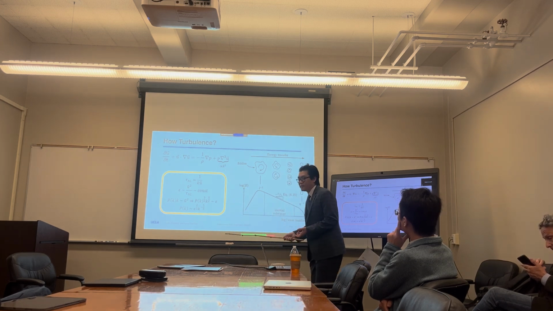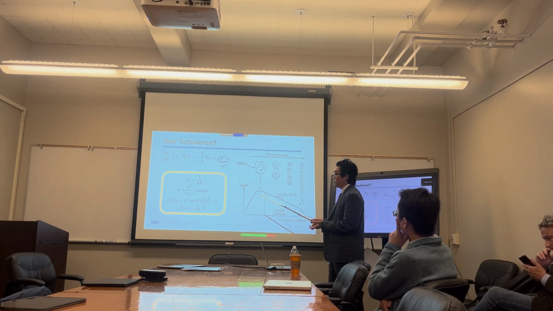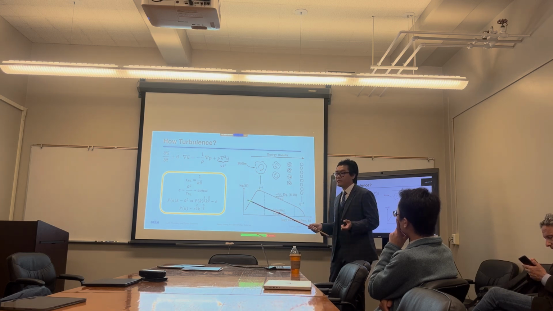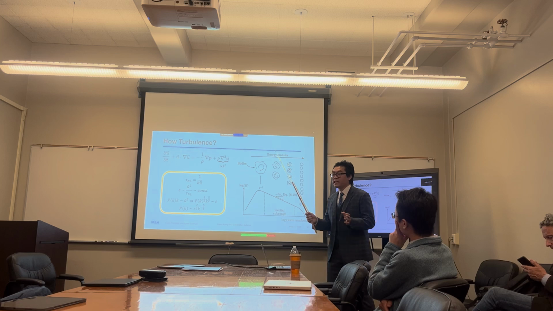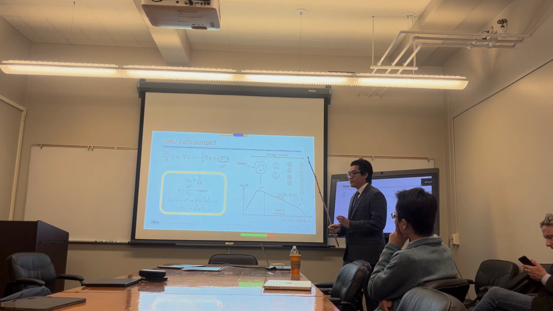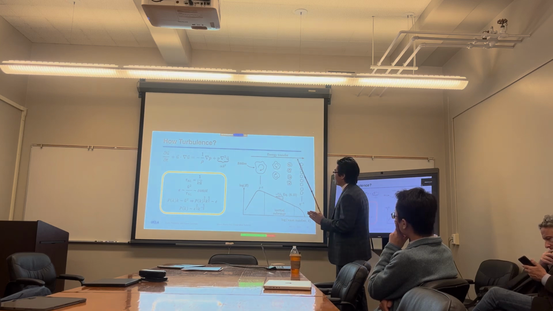So the viscosity is only significant for large k, which means small enough scales. But the energy is being injected into the system at large scales. So the system will find a way to transport the energy from large scales to small scales without losing any energy or depositing any energy in the intermediate scales.